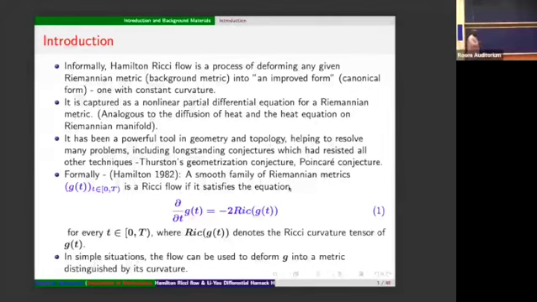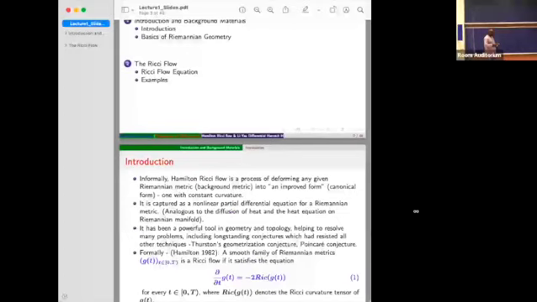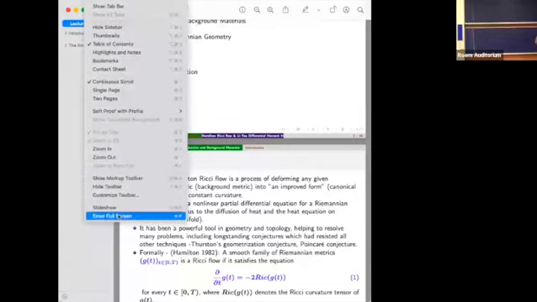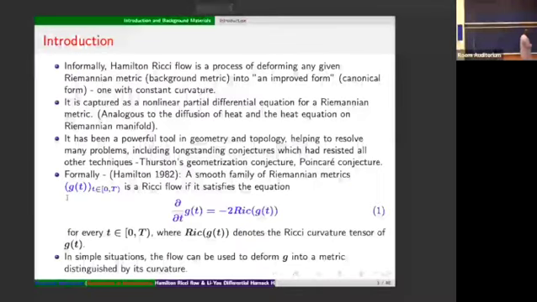Now, what we have in blue color here on this screen is the Ricci flow equation. This is just introduction anyway, we will still see it. So we have a metric parameterized by t.